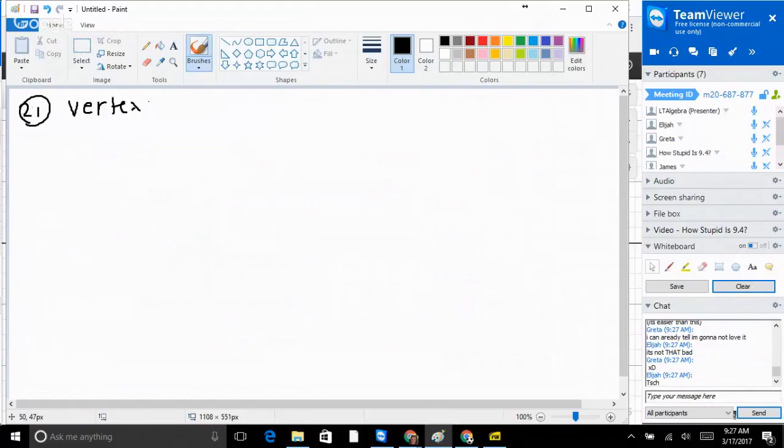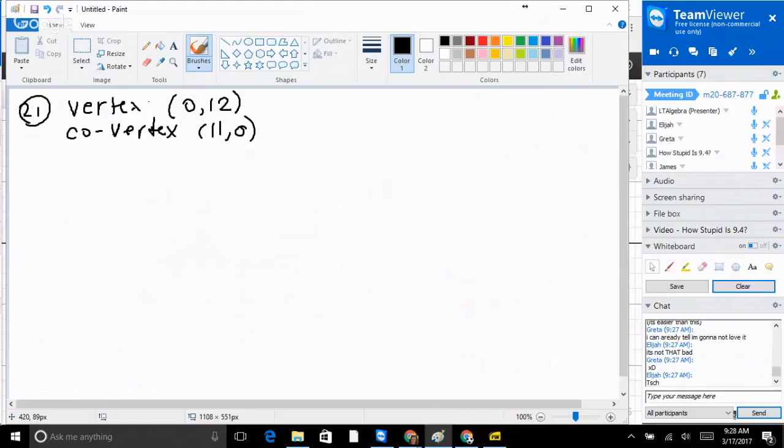The vertex is at (0, 12). And the co-vertex is at (11, 0). All right, so what kind of ellipse is this?